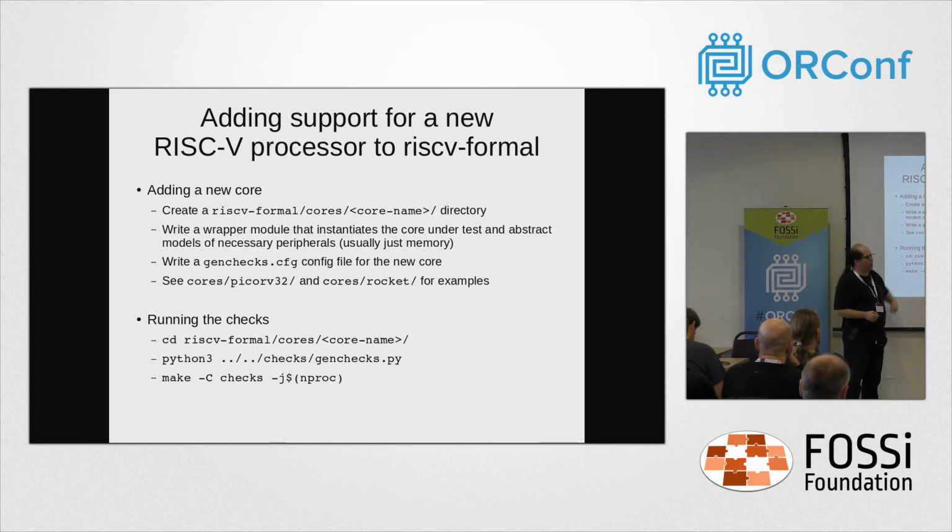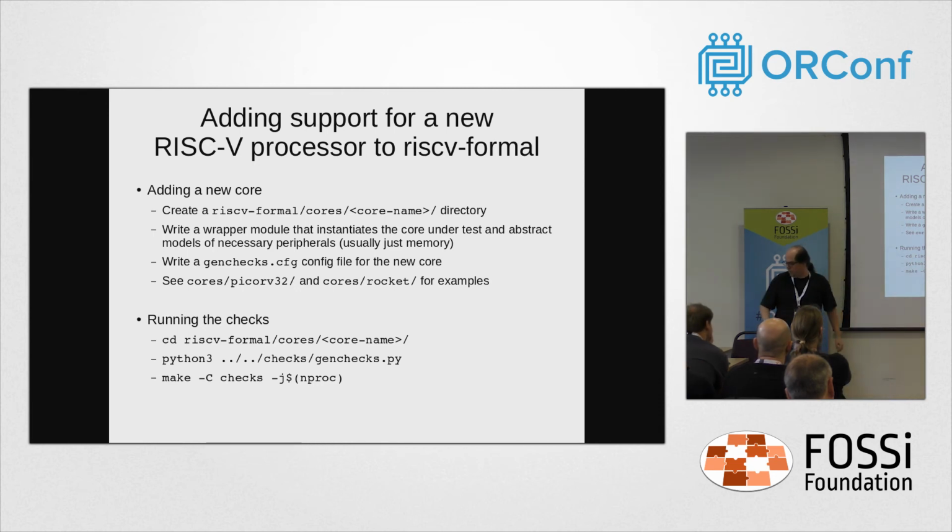Then you need to write a configuration file that tells riscv-formal all the things it needs to know about your core. And when you have done that, you can run the checks generator, and it will create a directory with all the configuration files for SymbiYosys, and then you can just run SymbiYosys for all the things there. And either enjoy your fully verified processor or spend days looking at counterexamples that are really, really strange.